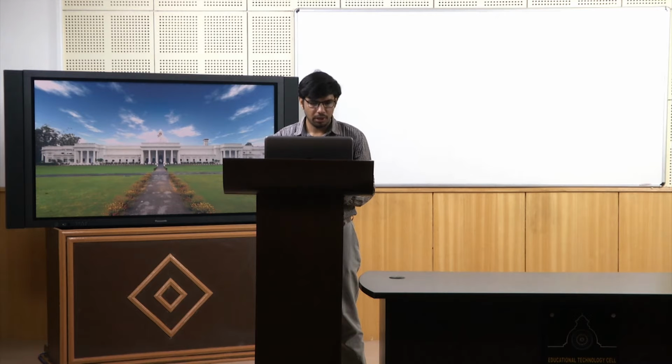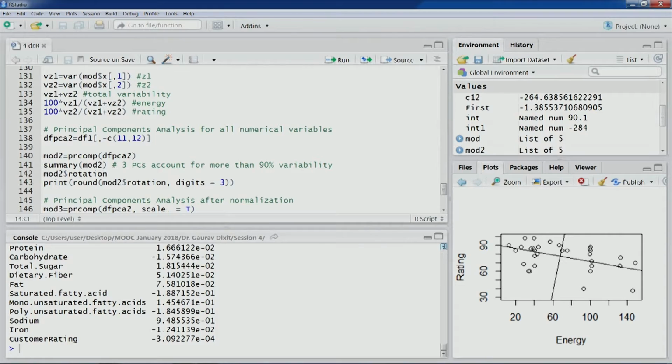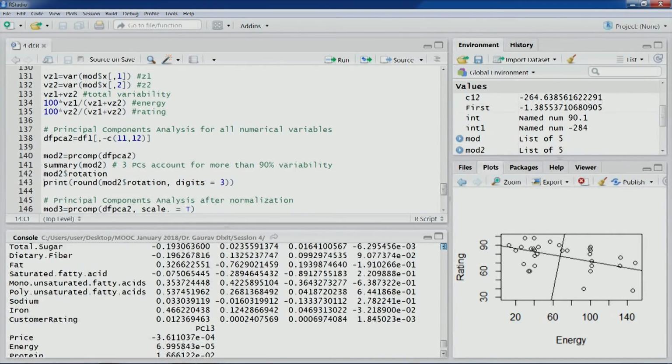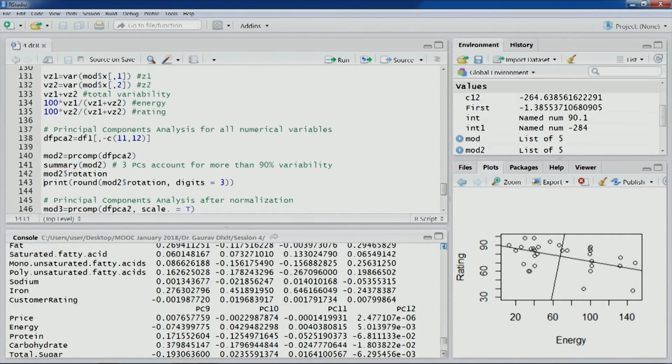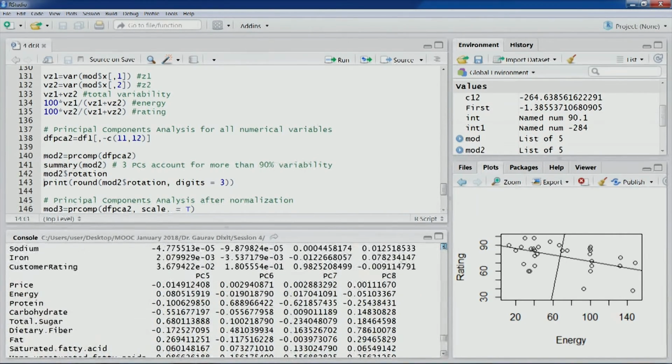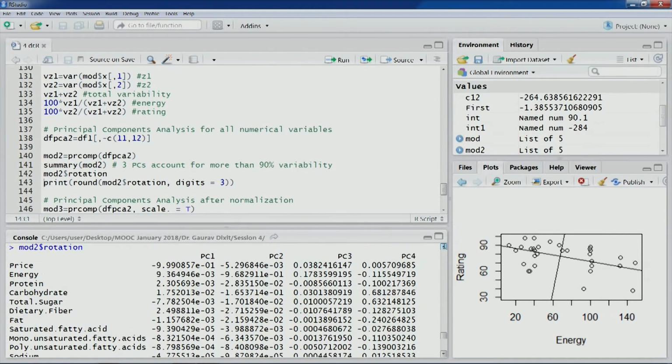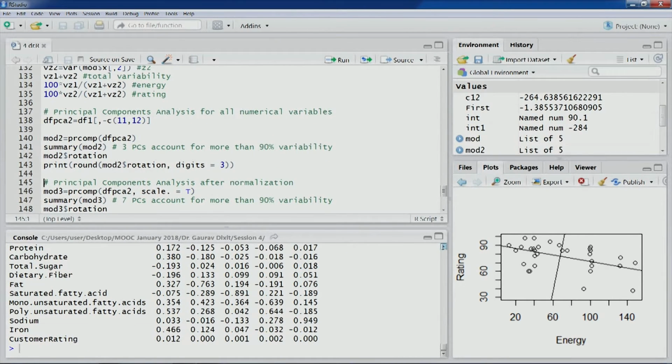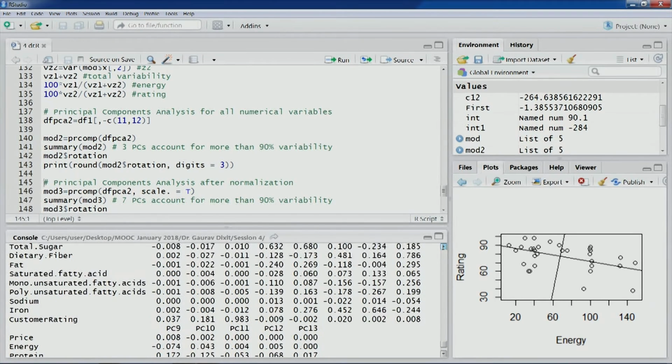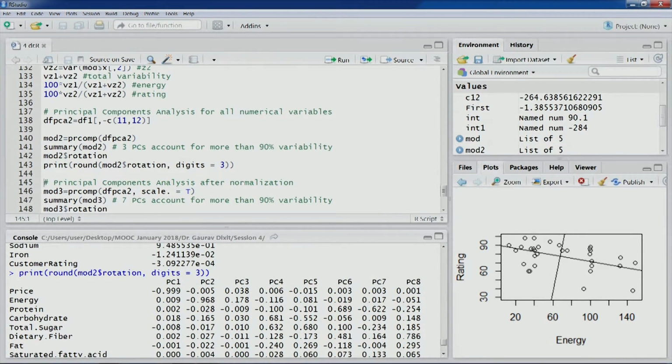So let's look at other values. Let's look at the rotation weights. These are the weights. Let's look at a nicer version of this, with just three decimal values.